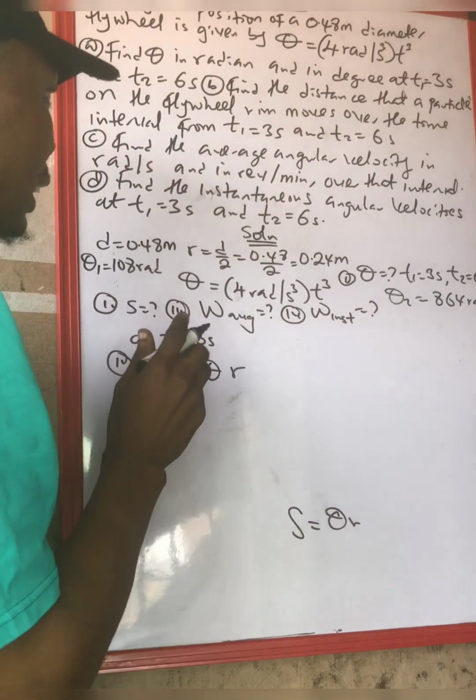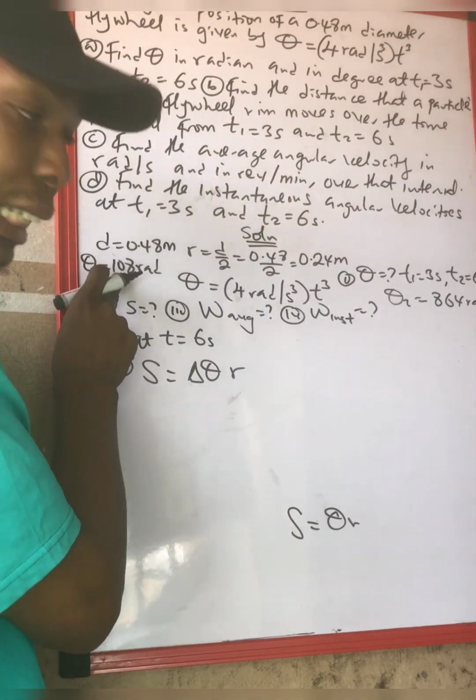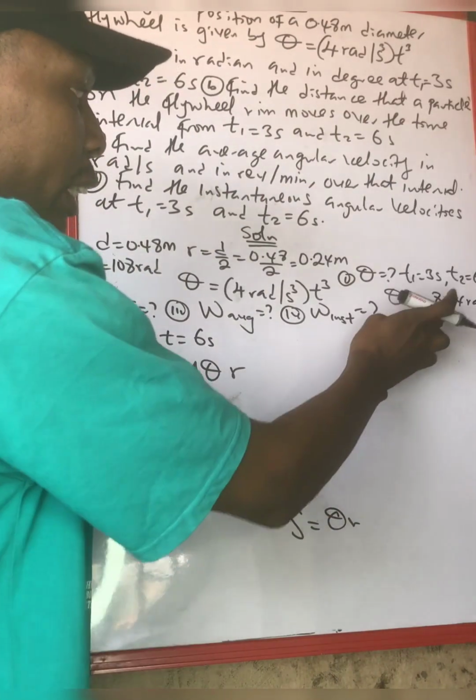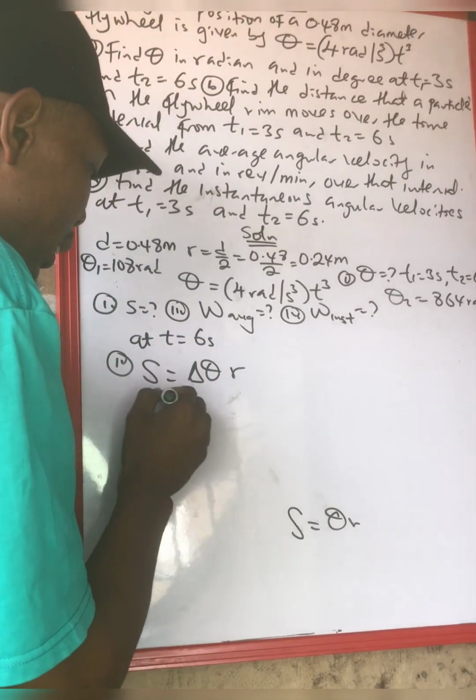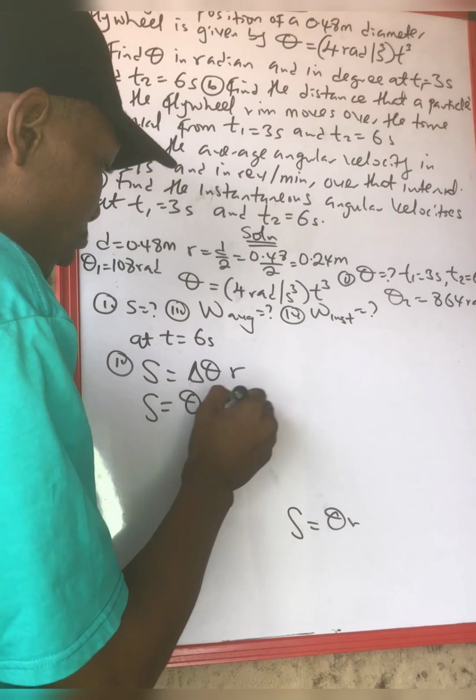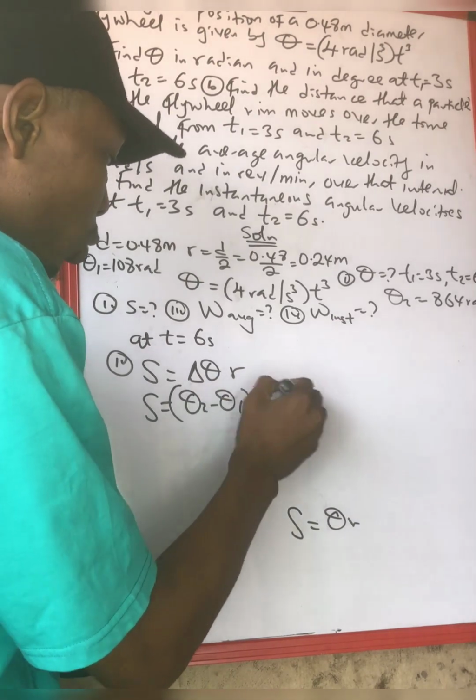At t1 equals 3 seconds, we got 108. And at t2 equals 6 seconds, we got what? 864. So this time around, our distance is going to be theta 2 minus theta 1, then times the radius.